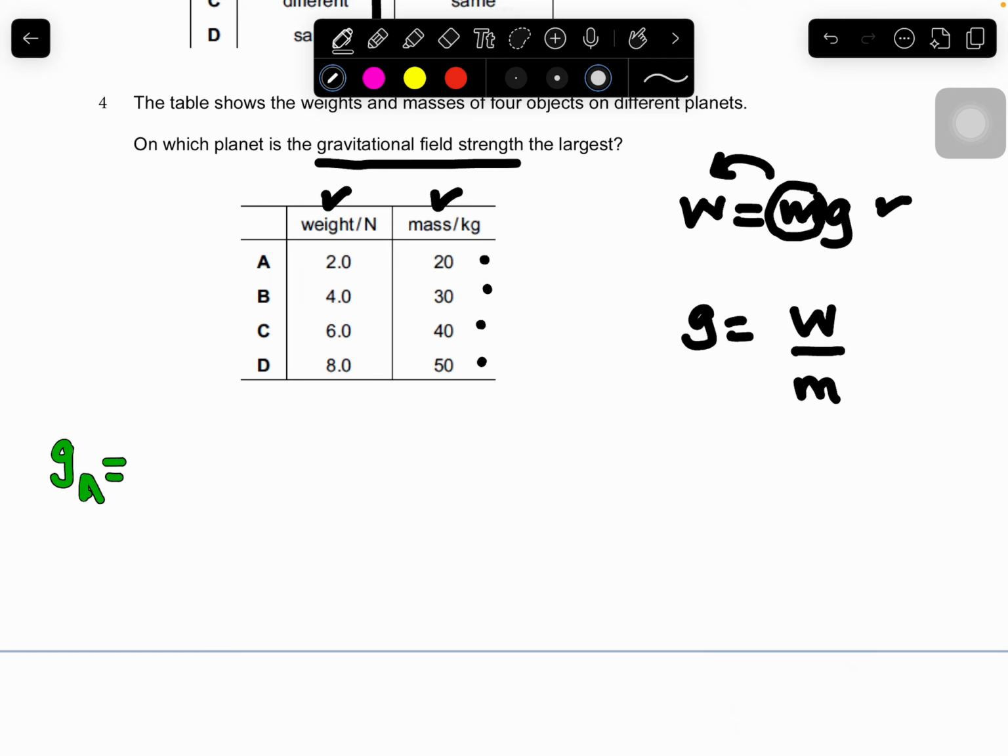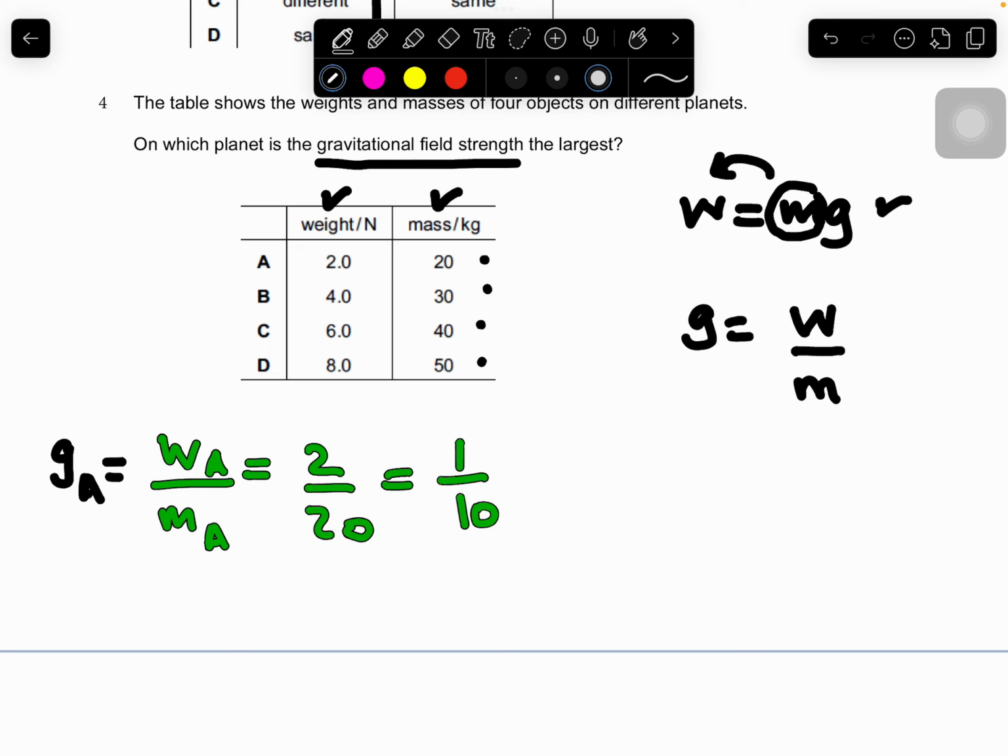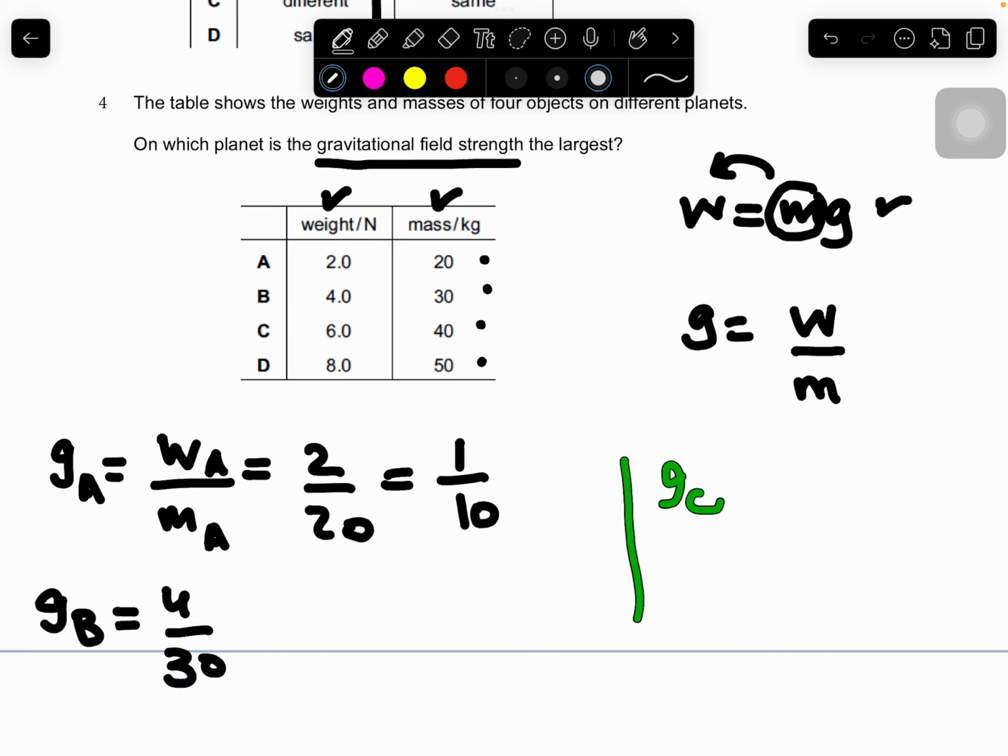g of A is weight of A over mass of A, and that's just 2 by 20, which is 1 over 10. Part B is going to be 4 over 30, part C is going to be 6 by 40, and part D is going to be 8 by 50.